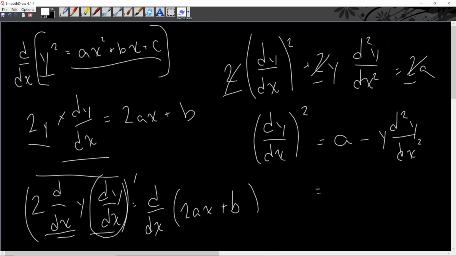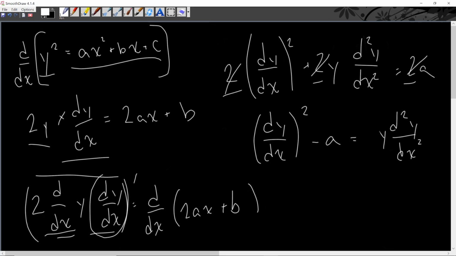We're going to solve for y d squared y dx squared. So we're going to bring that minus a to this side. And then from here, it's kind of like a recursion type thing.